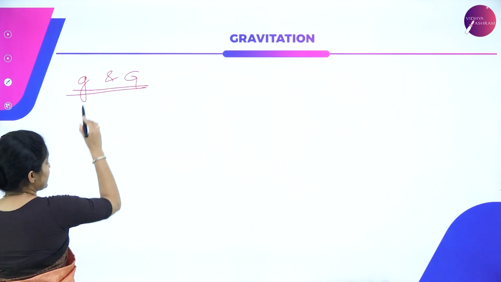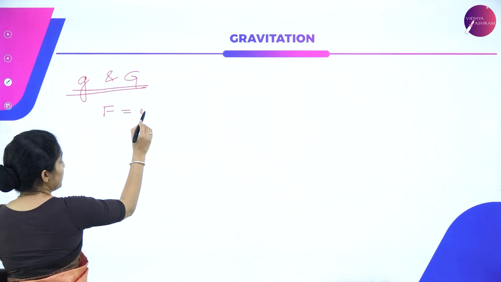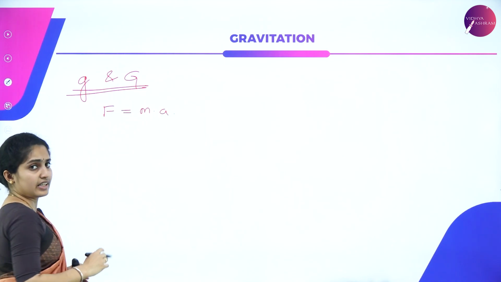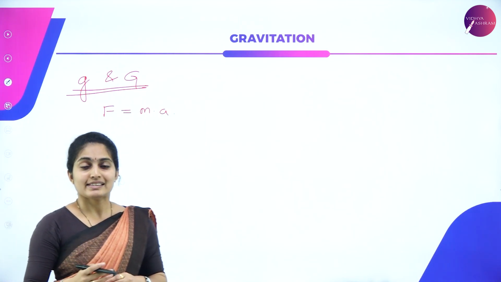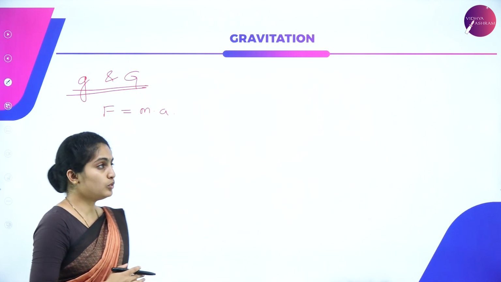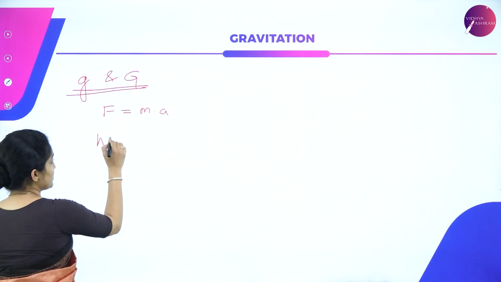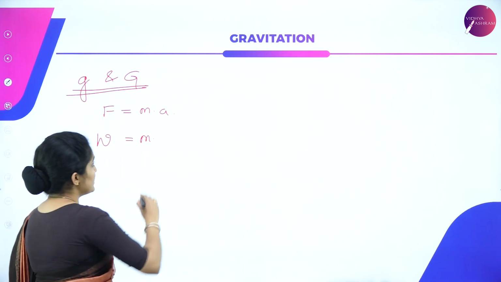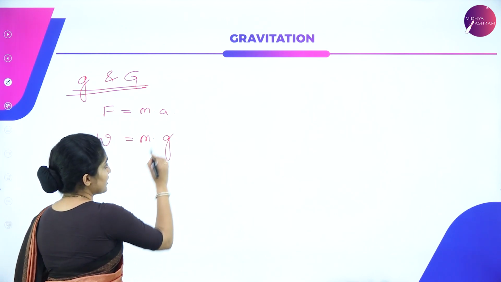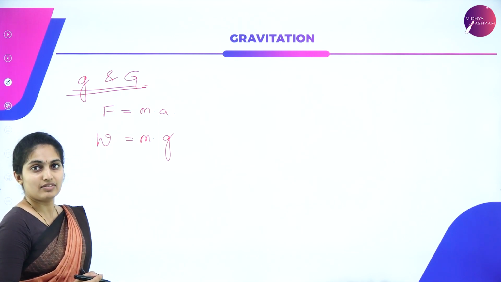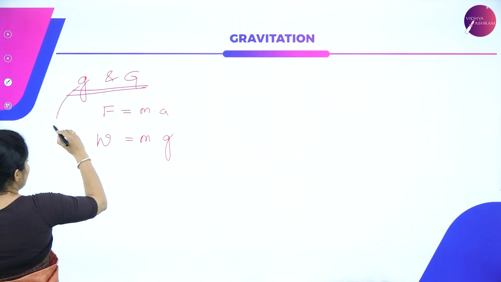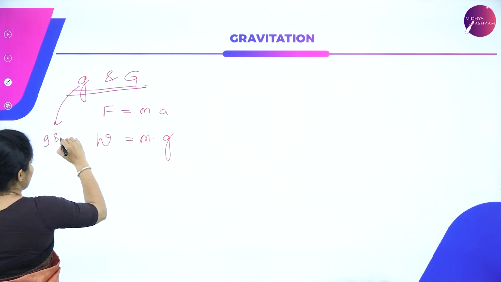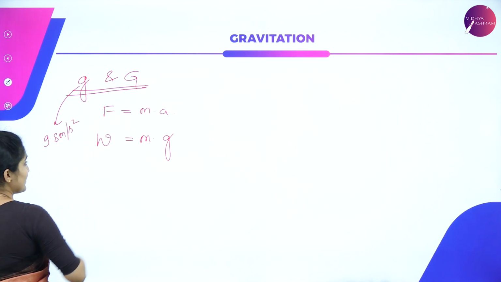In order to check this, we know that F is equal to m into a, that is mass into acceleration, according to Newton's second law of motion. The force can be equated as the work done, which is equal to m g, where a is considered as gravity, the gravity within the earth. The value of this g is 9.8 meter per second square.